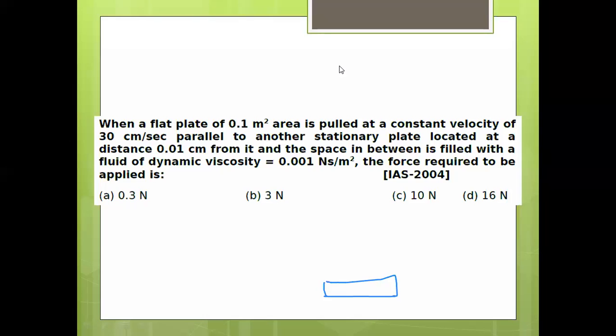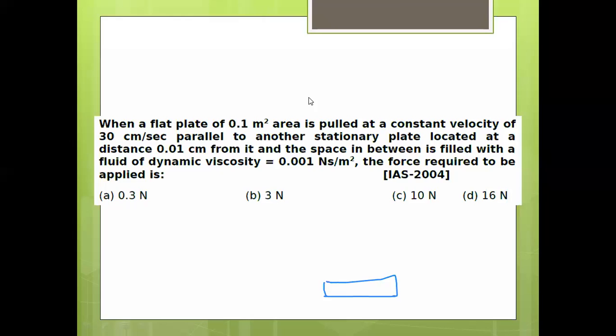This question was asked in IAS. What is the long form of IAS? Indian Administrative Services. I think it should be IES, by mistake they have written IAS.